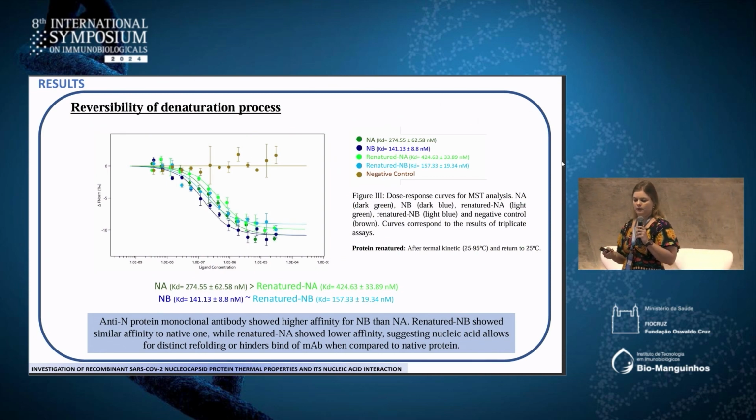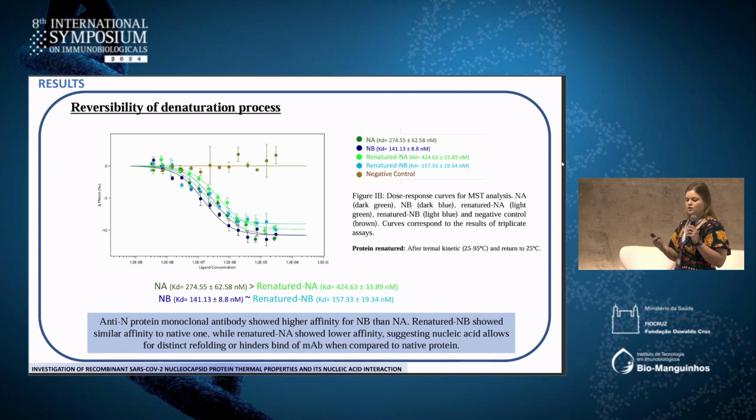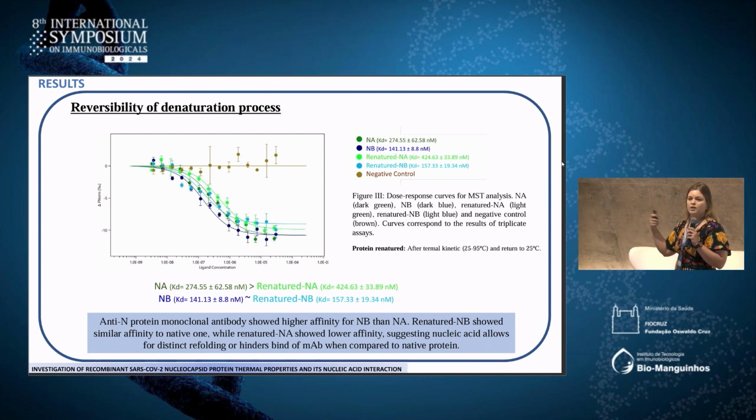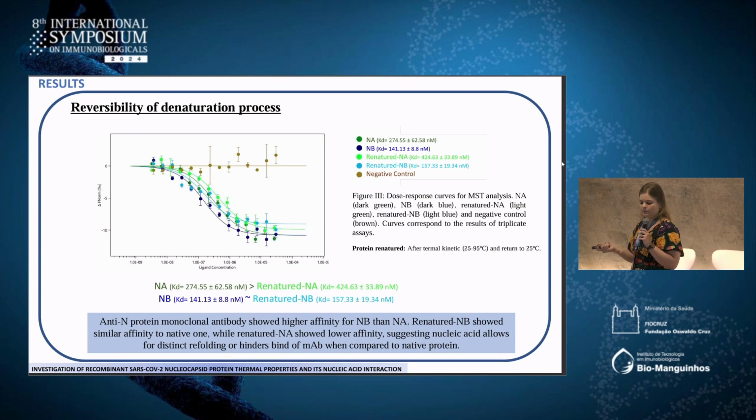To aid the understanding of the reversibility of the denaturation process, we used protein N with an antibody against NB, and this antibody showed a different signal, shown in dark blue, showing an influence of nucleic acid on the antibody and protein N. The NB protein was submitted to the melting process, and it had a different behavior.